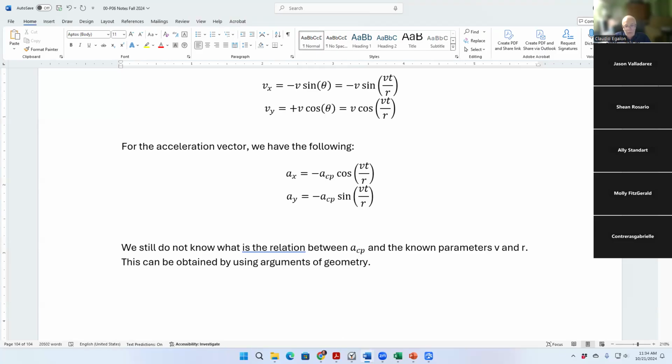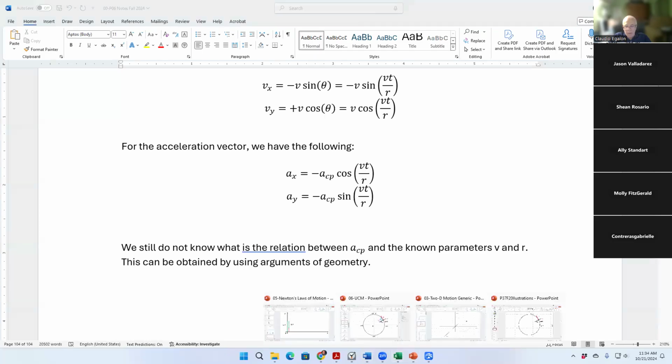And your book spelled that out in a very nice way, which we are going to repeat here.